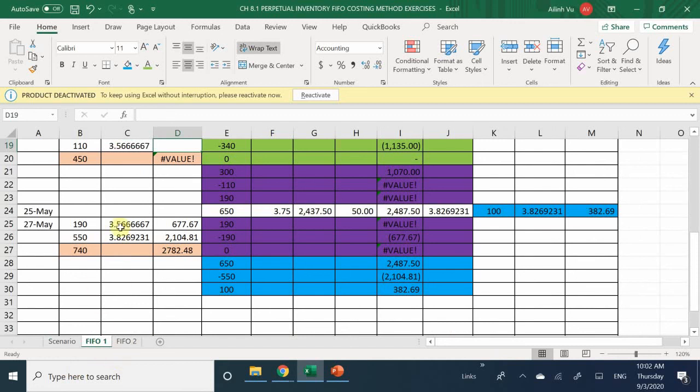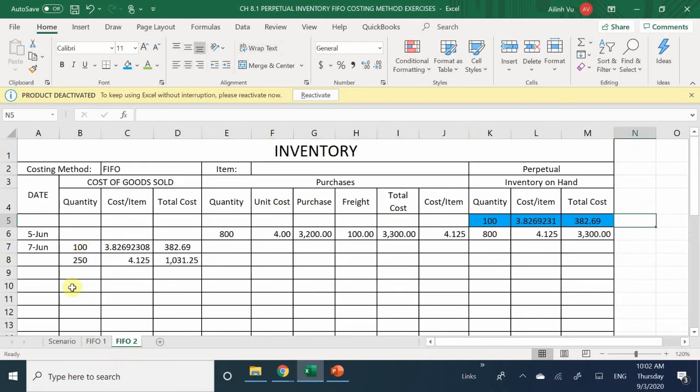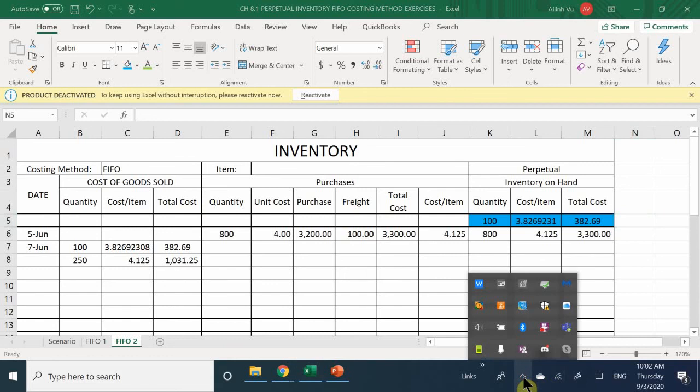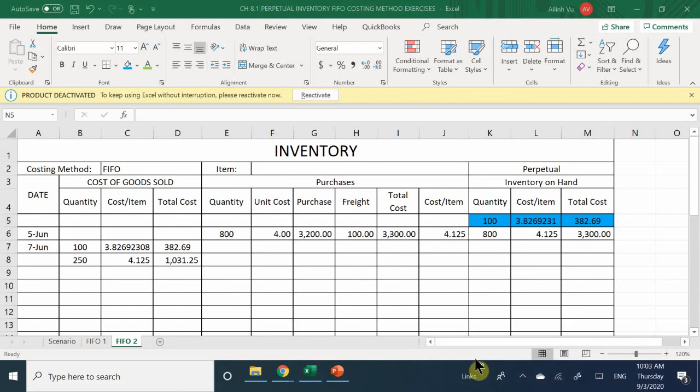Now, remembering from this, can you take 350 items from our first batch? No, because we only have 100, right? So that means by default we need to dip into our second batch. Okay, does that make sense?